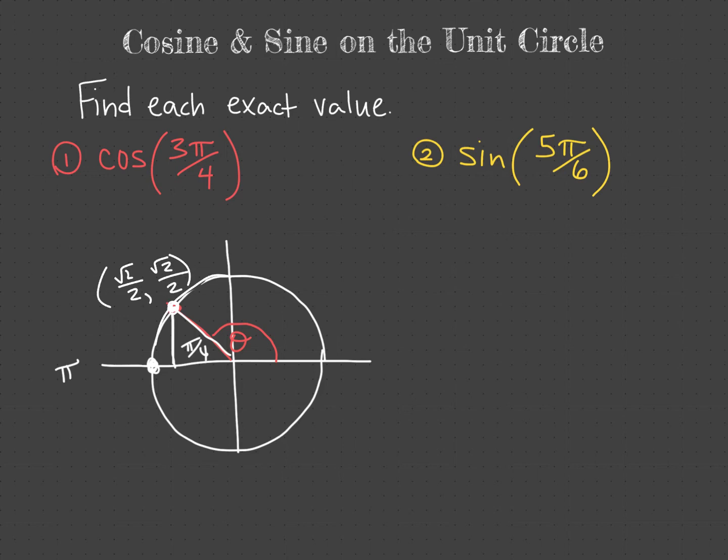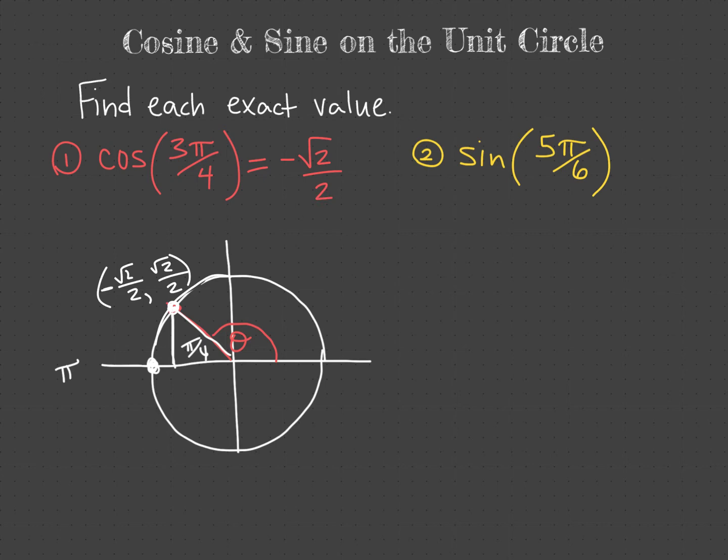We have to think about the quadrant that we're in. Because we're in quadrant 2, our x-coordinate has to go to the left and our y-coordinate is up. Therefore, our x-coordinate is actually negative root 2 over 2. That means that the cosine of 3 pi over 4 is negative root 2 over 2.